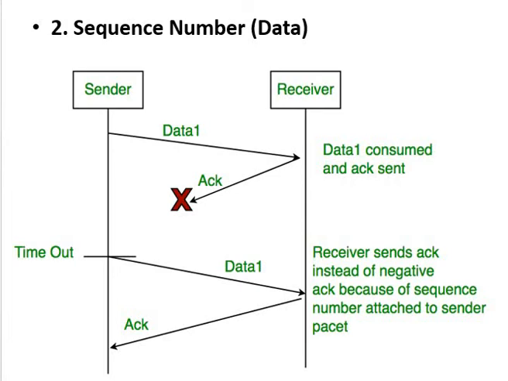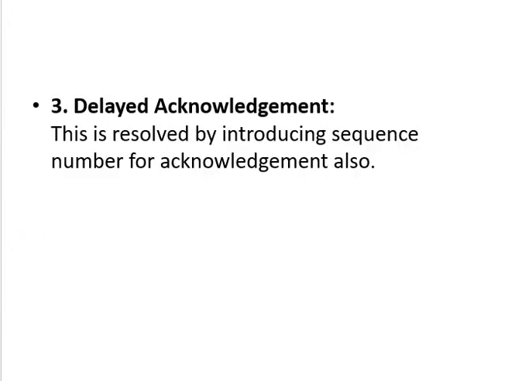The receiver sends an acknowledgement instead of a negative acknowledgement because of the sequence number attached to the sender's packet. So using the sequence number, this second problem is resolved.